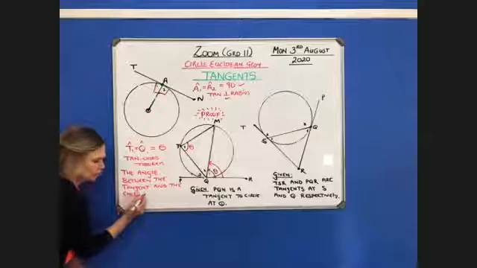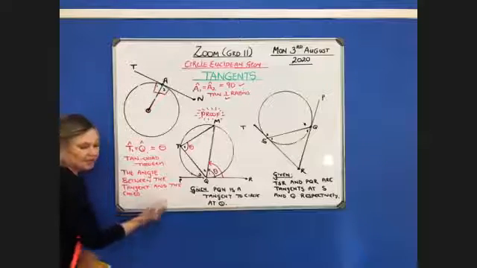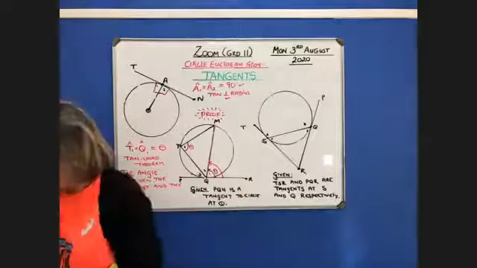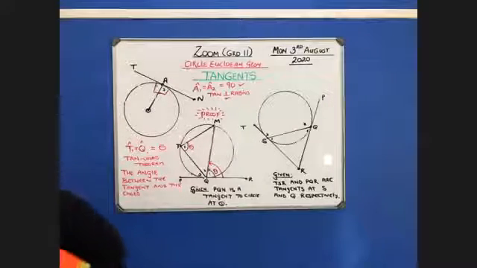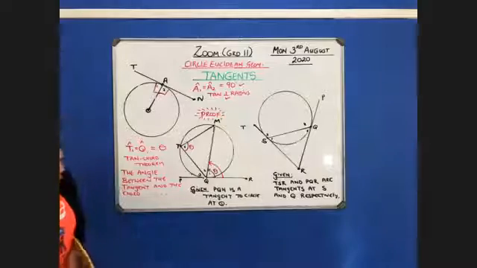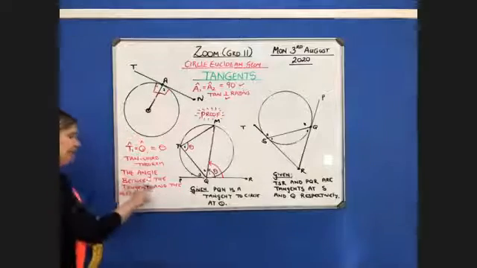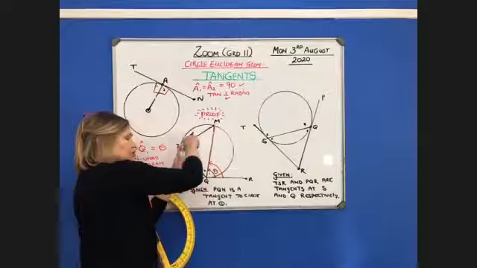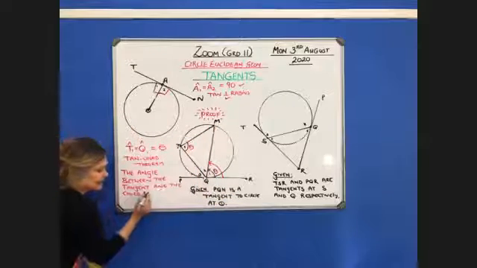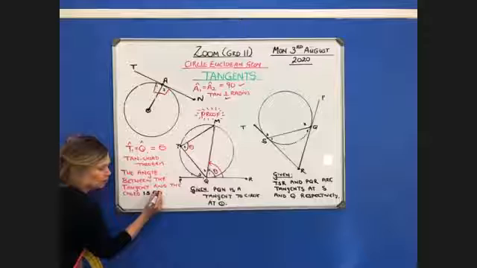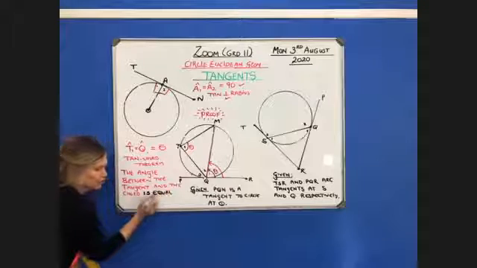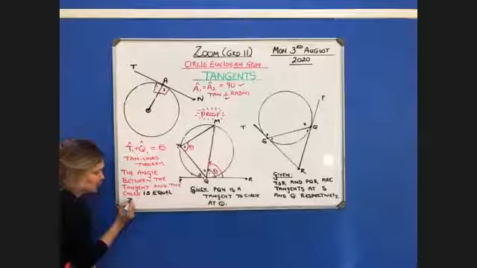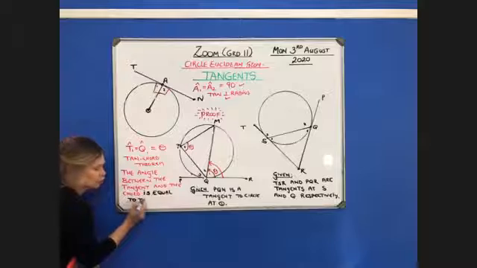and then they go dot, dot, dot, dot, and they'll say fill out or complete the sentence. So what you've got to say here, the angle between the tangent and the chord is equal, and you've got it in words, to the angle in the alternate segment.